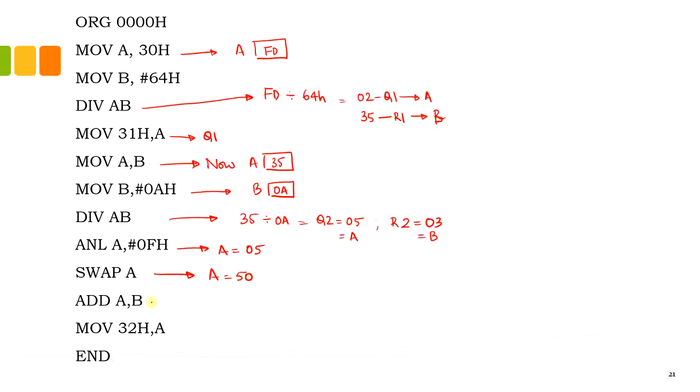And finally we are going to add the content of the accumulator, that is 50, with the content in the B register, which is remainder 3, that is 0,3. The result will be 53, which will be present in the accumulator. But our intention is to have the lower digits of the result in the location 32H. So this line of code, when you execute, 32H will contain the lower digits 53, and finally we need to terminate the code.